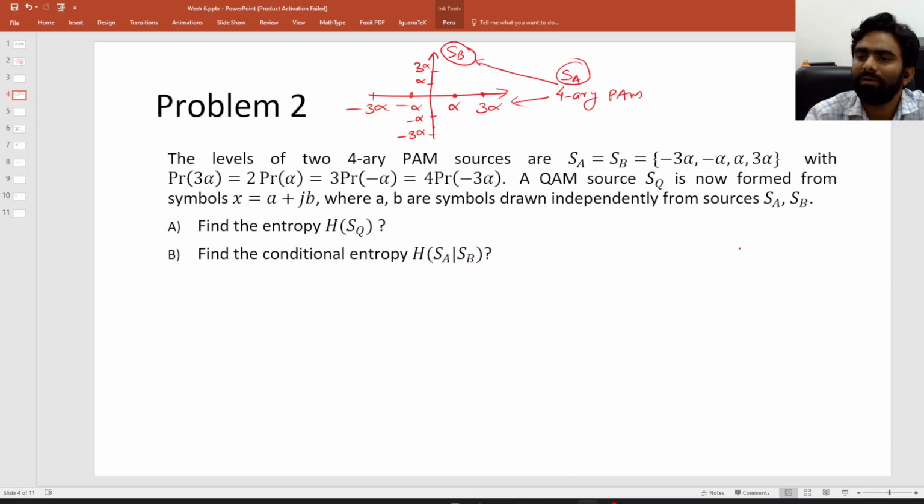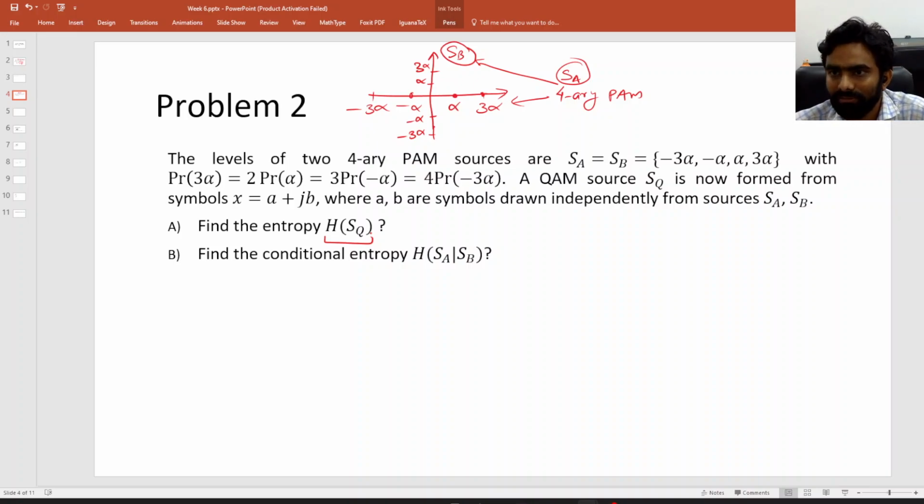Now, in the previous question in week 5, we have also solved this type of question where I gave 8 symbols for a PAM source only. There was no Q source. Now the Q source is there. Now we have to find the entropy of SQ. So how can you find it?